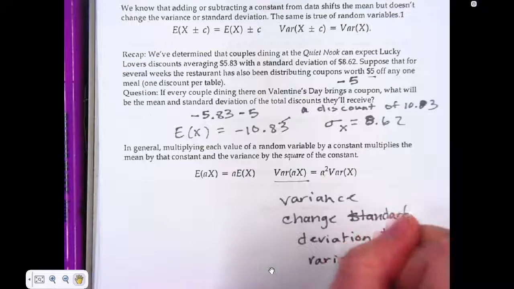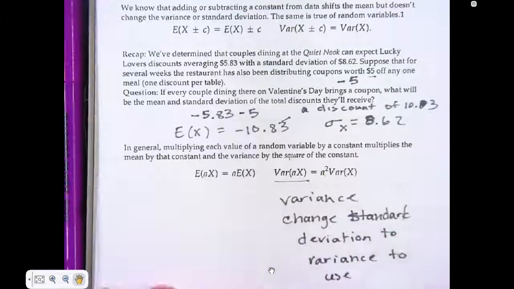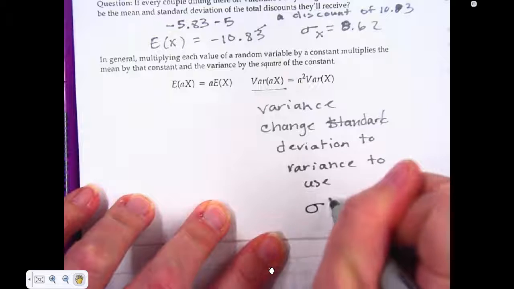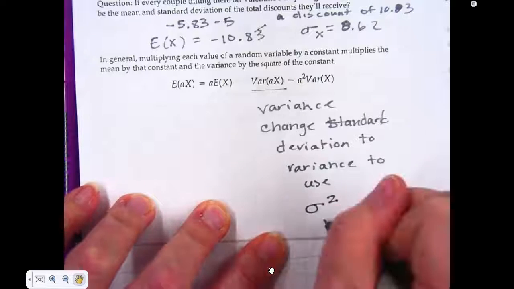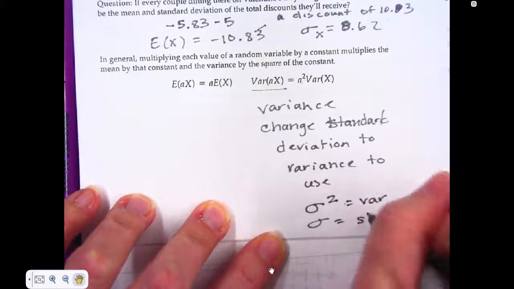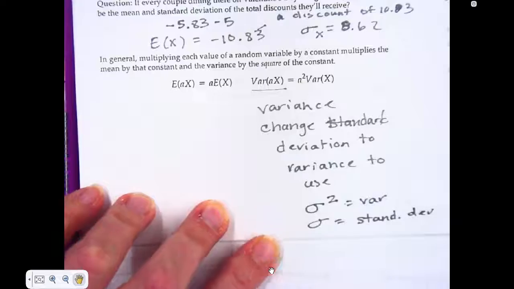So you're going to square the standard deviation, and then you square the multiplying factor. So just remember that you're really just going to square your standard deviation.